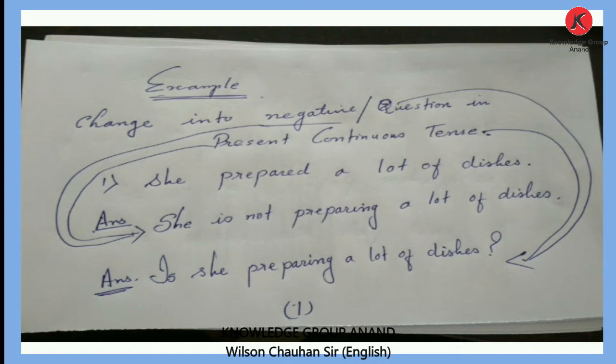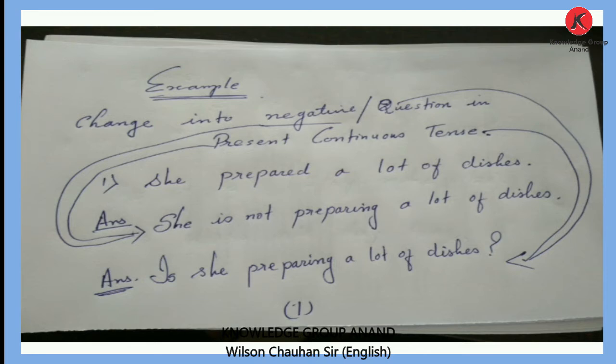At times you don't need to understand in which tense the sentence is asked, but for our knowledge, as we have already completed all our tenses, I would like you to recall to which tense the question belongs. You need to identify that first. She prepared a lot of dishes.